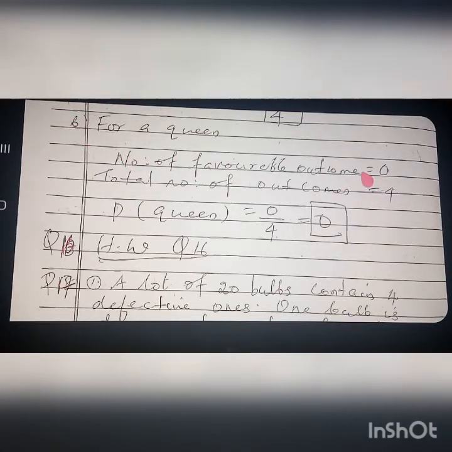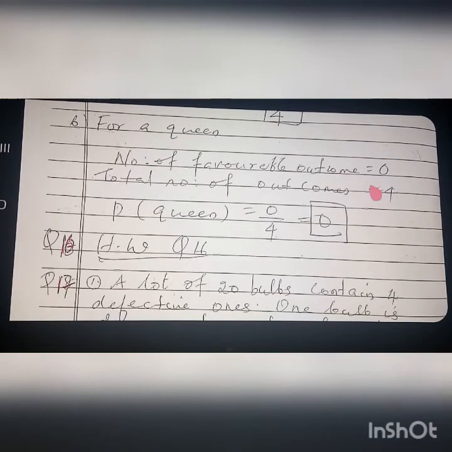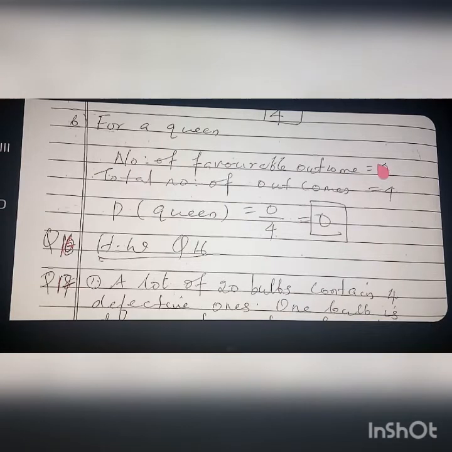No. So the number of favorable outcomes is 0. There is no queen card. The total number of cards is 4. So the probability of getting a queen is favorable outcomes divided by total, that is 0 by 4, which is equal to 0. Now, question number 16 is homework, which I already wrote here.